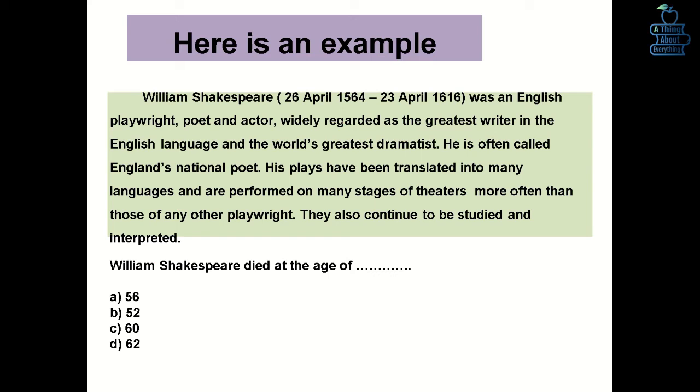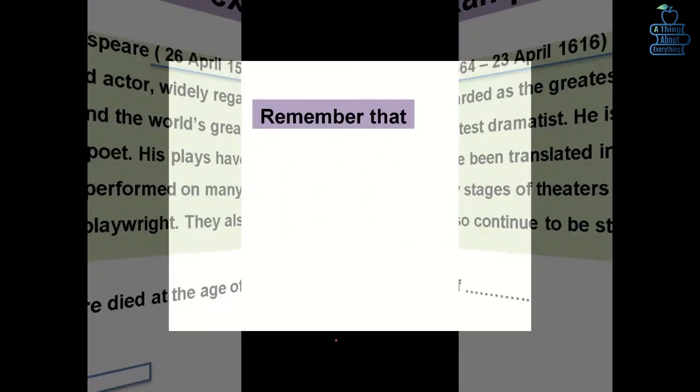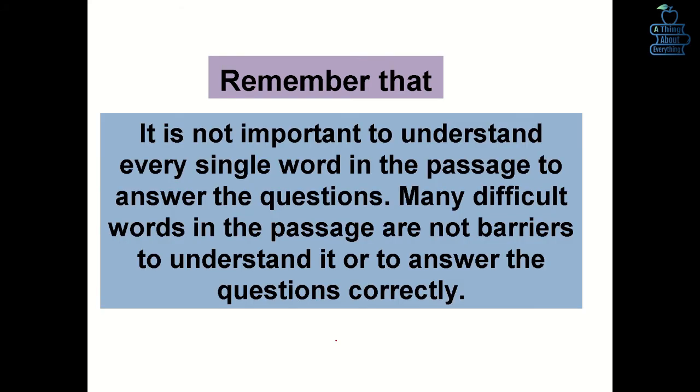You have to see the date of his birth and the date of his death. So you can subtract the two numbers and get the correct answer. You have to focus here, calculate his age, and you'll find out that his age was 52. So this is an implicit question.